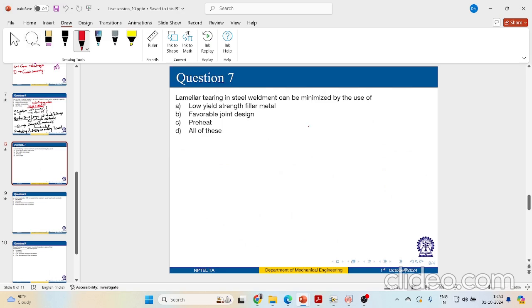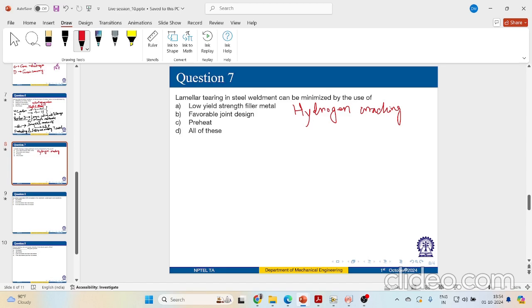Okay, so we'll talk about this hydrogen cracking. This is also known as cold cracking. So what is the origin of this? The origin of this problem lies in the variation in solubility of hydrogen in steel with temperature.